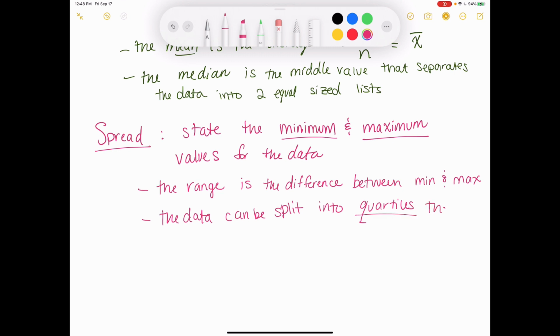What is a quartile? You'll see in a second. I thought you said 4 times. That's what I wrote down. Where each 25% of the data lies.